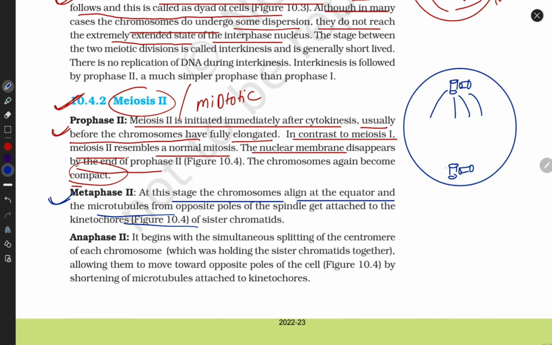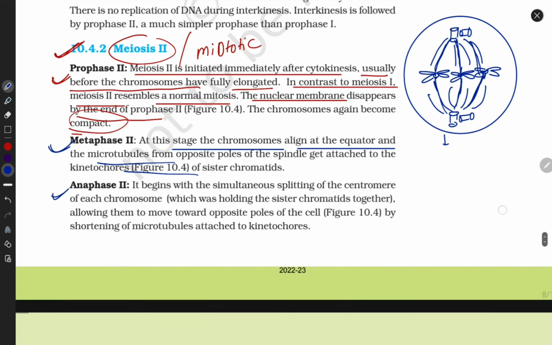Spindle fibers rise, and the chromosomes align at the equatorial plate, connected with spindle fibers. Clear, guys?